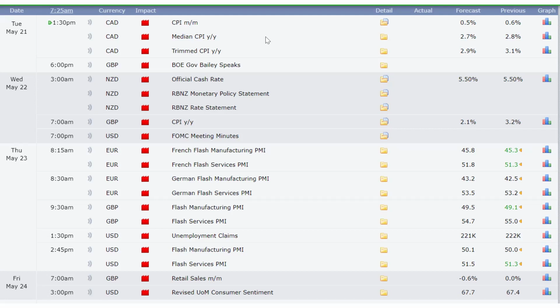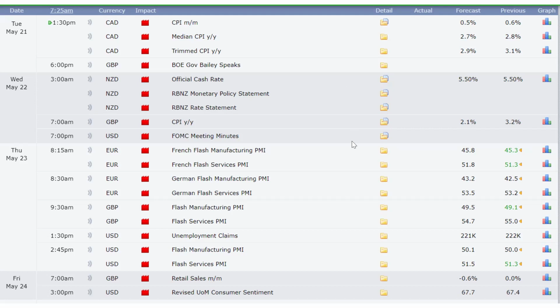On Wednesday, we have an interest rate decision to affect the New Zealand dollar. Also, we see CPI data to affect the Great Britain pound on Wednesday. On Thursday, we'll see the flash manufacturing PMI, also services PMI, German flash manufacturing PMI, and also that of the services sector.